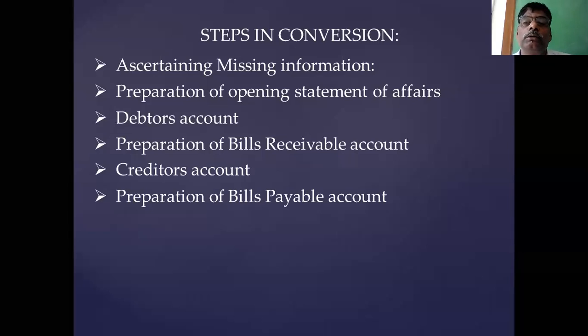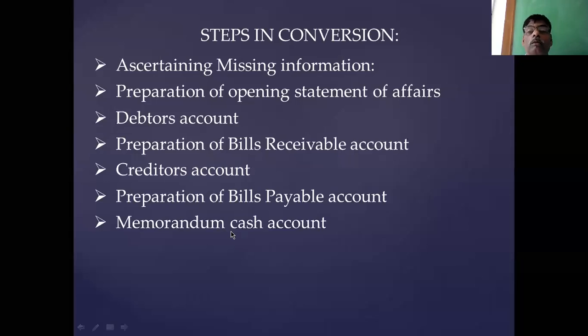And these two accounts are simultaneously prepared, and bills payable account is related with creditor account. And these two accounts are prepared to find out the missing information related with creditors. And second is bills payable. Bills payable account is prepared to find out the missing information related with bills payable account. Okay.